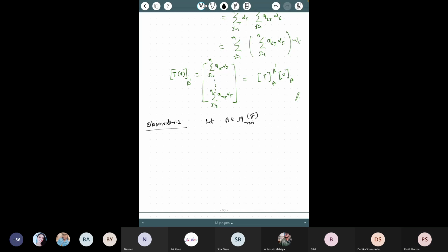Now, can you tell me? So let me ask in this way. So this is a matrix of size m cross n. Now, can I define a linear transformation from, let's say, Fn to Fm such that the matrix of T with respect to, so you have to give me two bases, one for Fn, one for Fm, such that the matrix of T is actually equal to A.